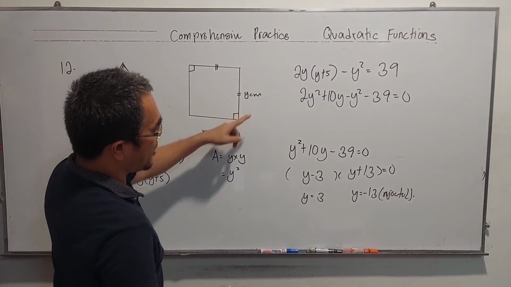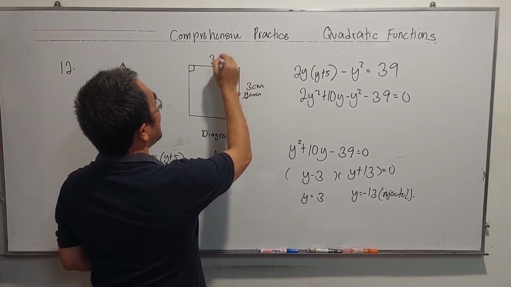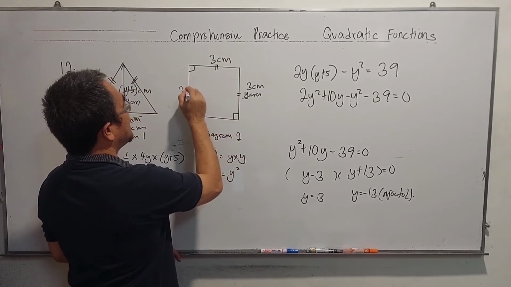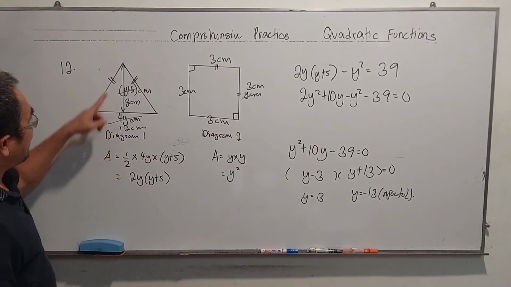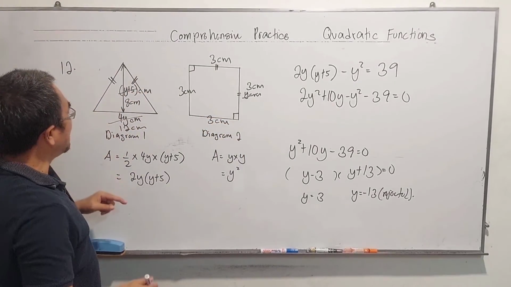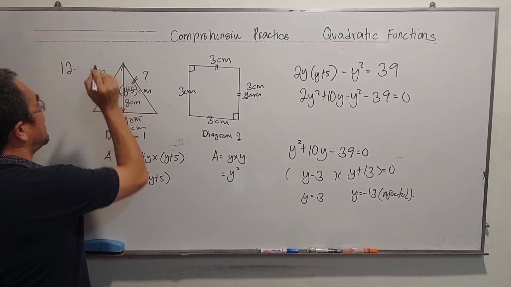And for this one, it will be 3 centimeter on each of the four sides. But for the triangle, in order to calculate the perimeter, you need to calculate the length here and here.